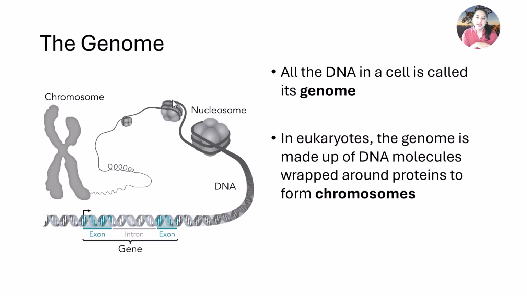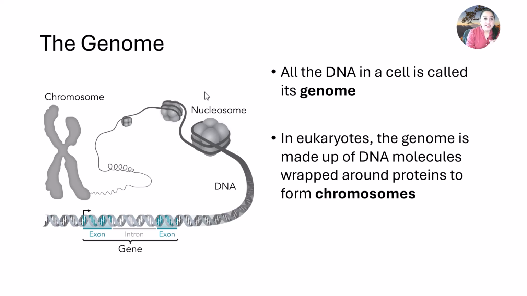We talk about this chromosome, or we have this many chromosomes. So chromosomes are your DNA, wrapped around proteins and then wrapped together to form this structure called a chromosome.